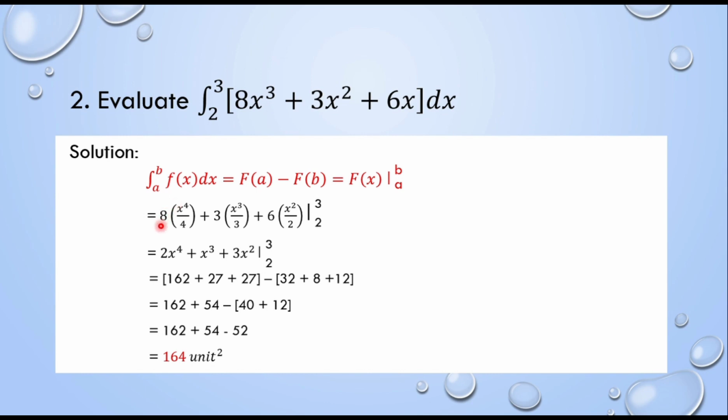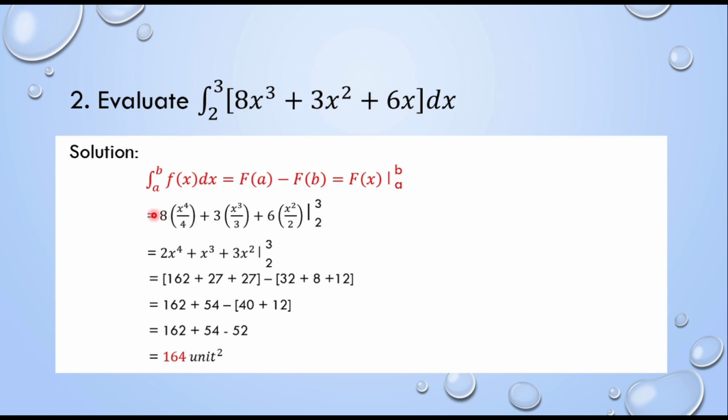So we have 8 times the quantity x raised to the power of 4 over 4, plus 3 times the quantity x cubed over 3, plus 6 times the quantity x squared over 2, over the interval 2 to 3. Then cancel the denominators by the constants.